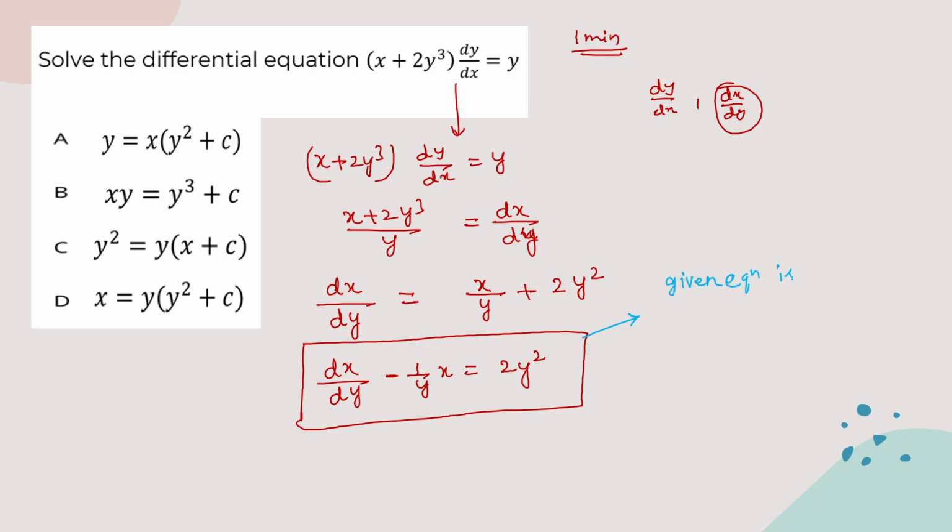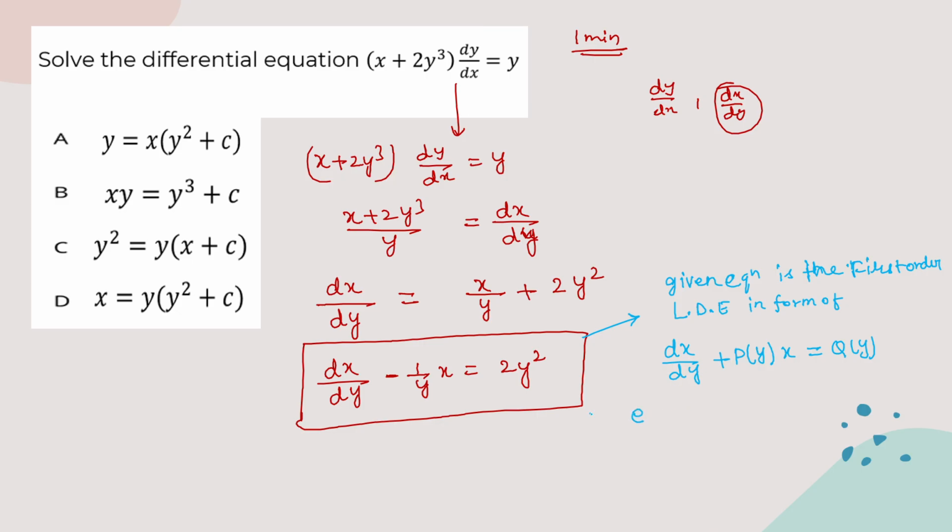So this time you can say the given equation is a first order linear differential equation in the form dx/dy + P(y)·x = Q(y). This is the same format but in the reverse direction. Instead of a function of x, they will become functions of y now.